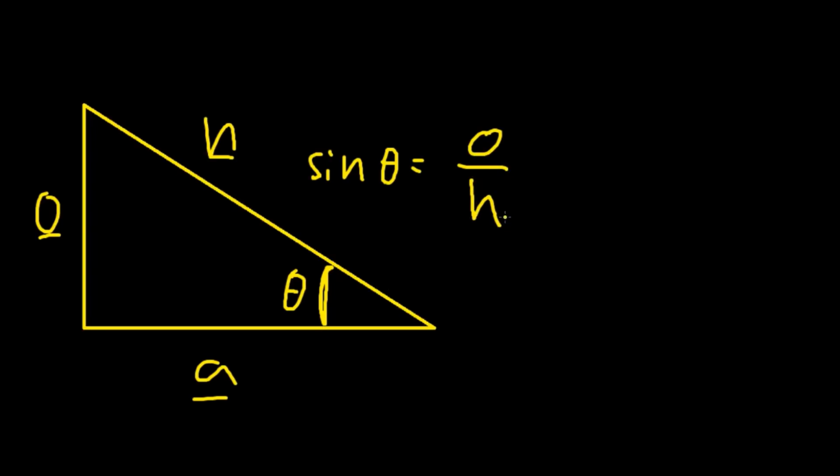And if the hypotenuse equals 1, in a very special circumstance, then the sine of theta is just equal to the opposite. It's just equal to the height of the triangle.